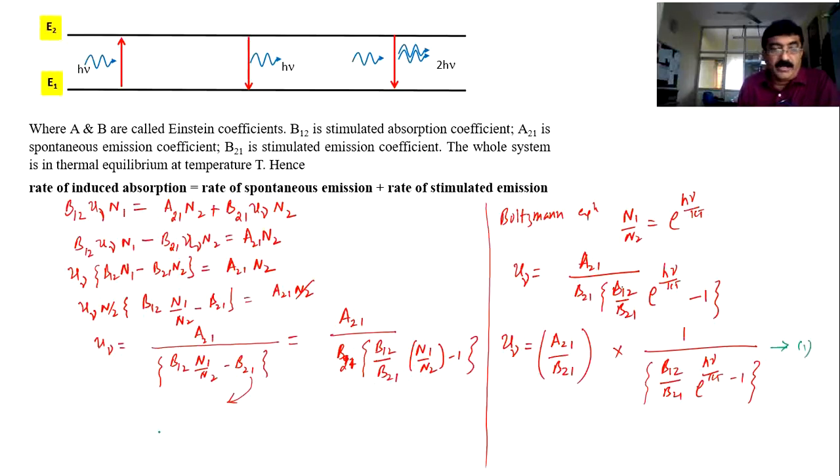But according to Planck, we have the equation U nu is equal to 8 pi h nu cube by c cube into 1 divided by e to the power of h nu by kT minus 1.